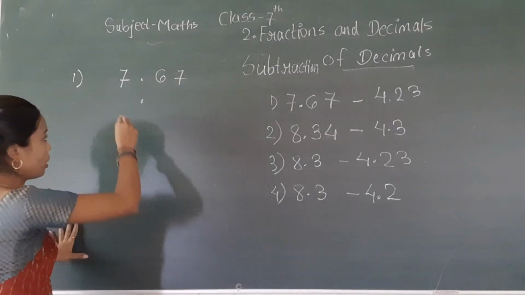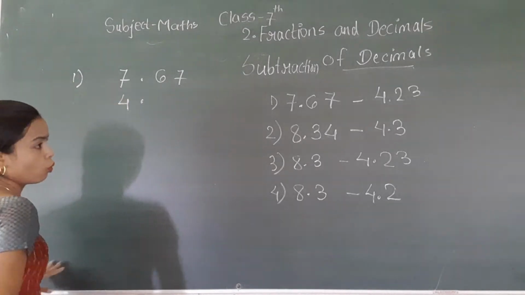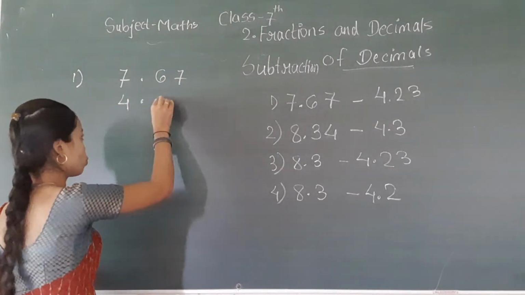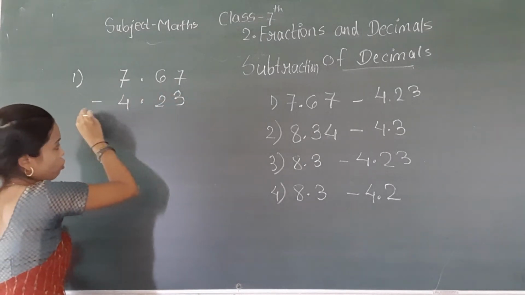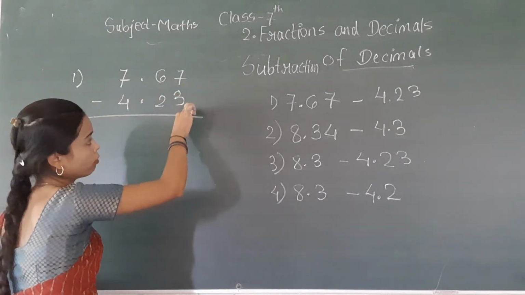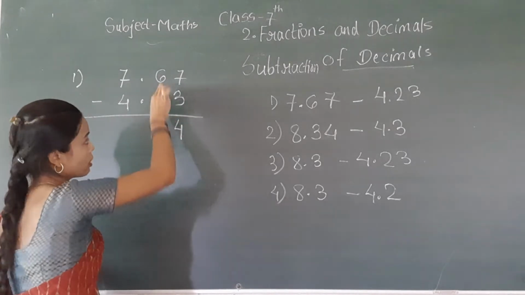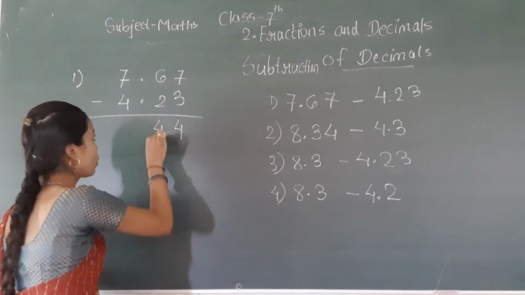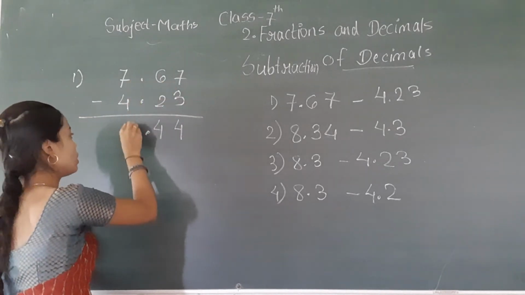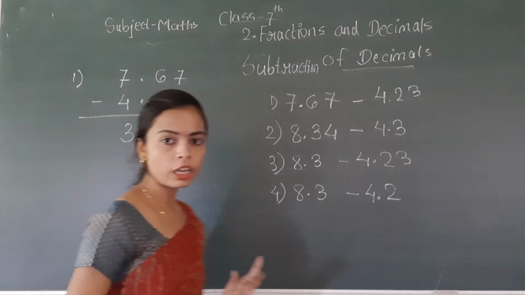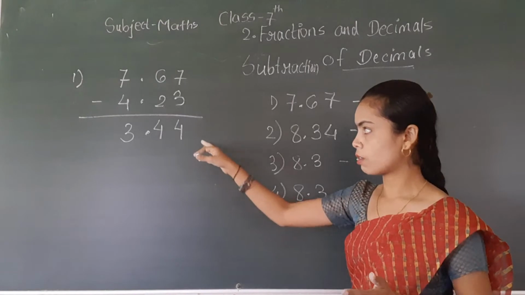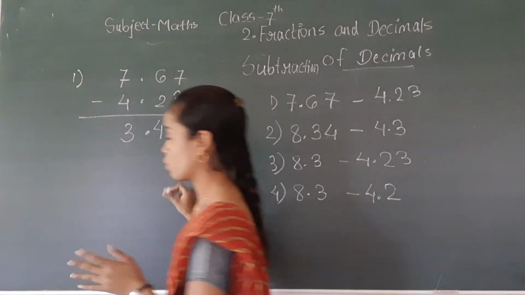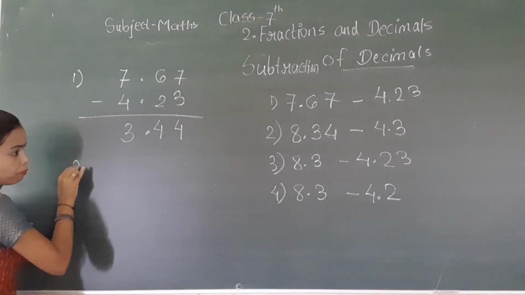In the left part there is 4. And on the right it is 2, 3. So I will write 2 here and 3. Now subtract them. 7 minus 3 is 4, 6 minus 2 is 4, and 7 minus 4 is 3. In addition we add, and in subtraction we subtract. Okay, now what is 7?